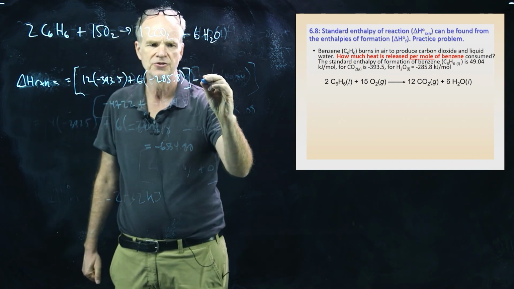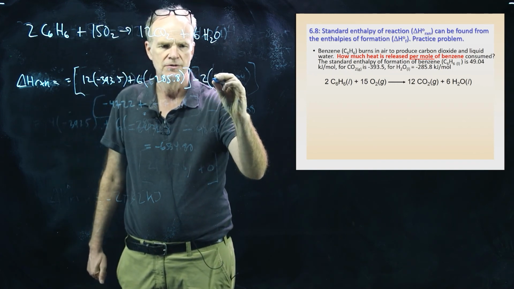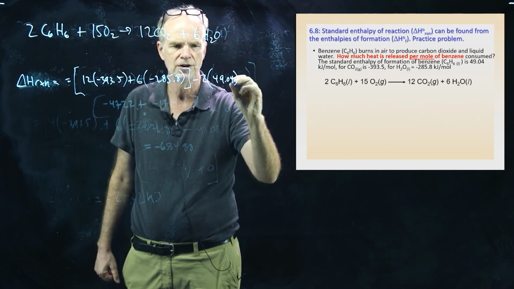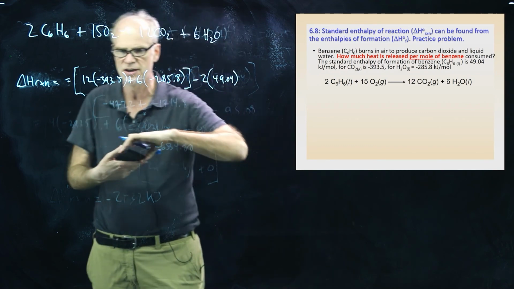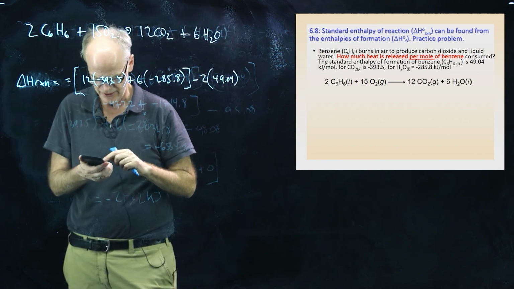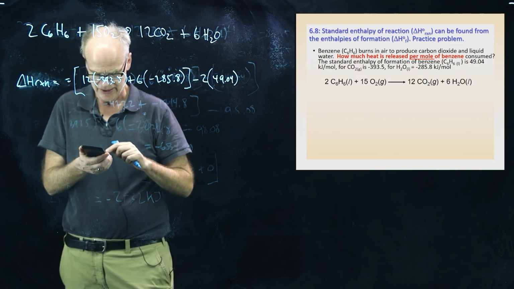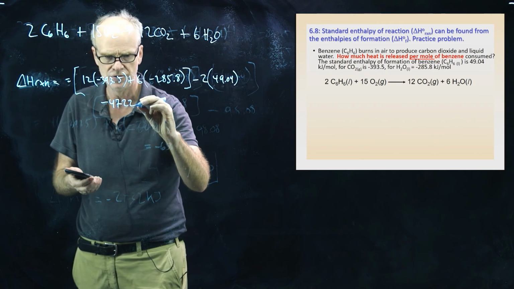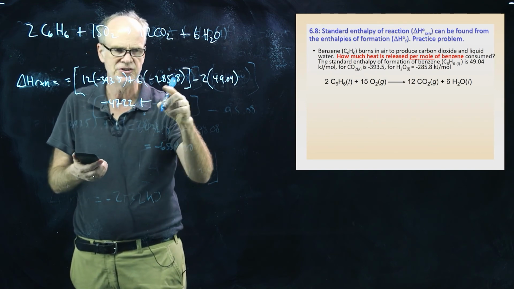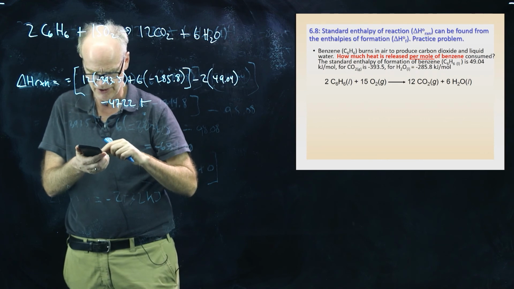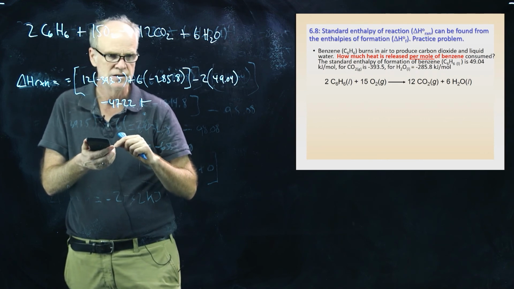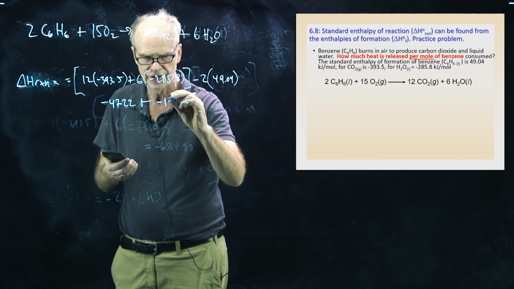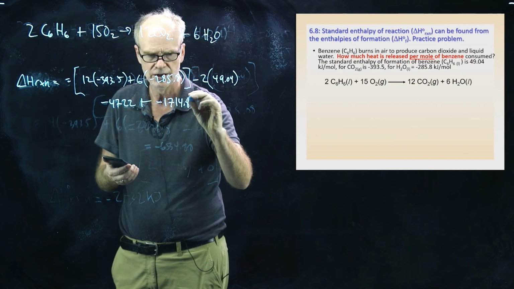Now let's look at the reactant. It's going to be 2 of benzene here, 49.04. Okay, let me just work out the math really quick and see what we get. 393.5 times 12 is negative 4722, plus 6 times negative 285.8, which is negative 1714.8.